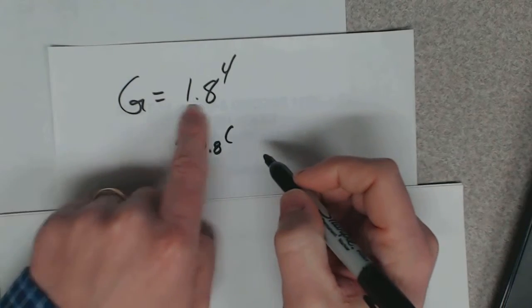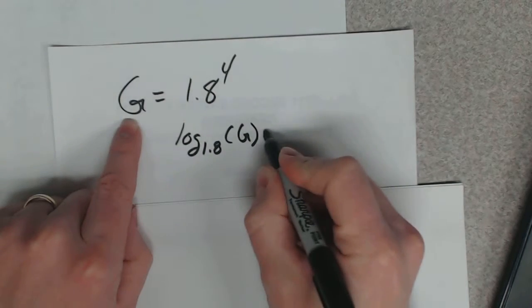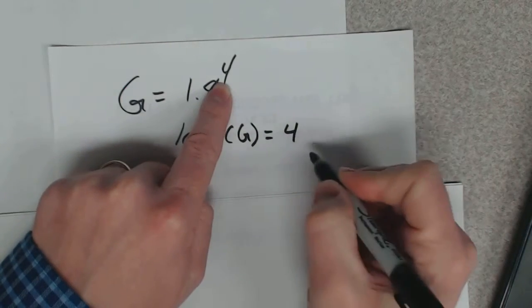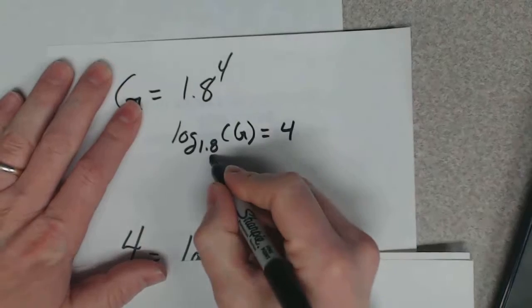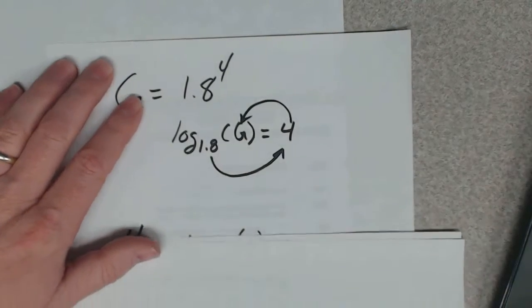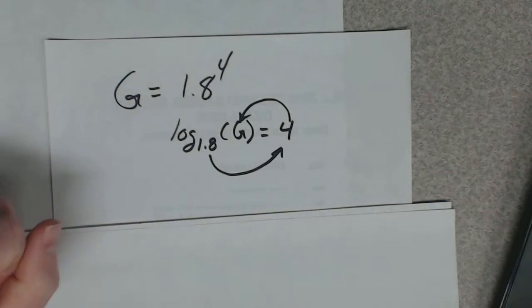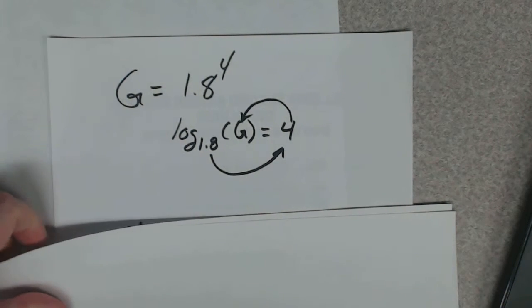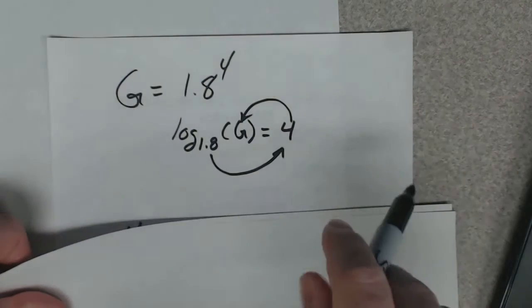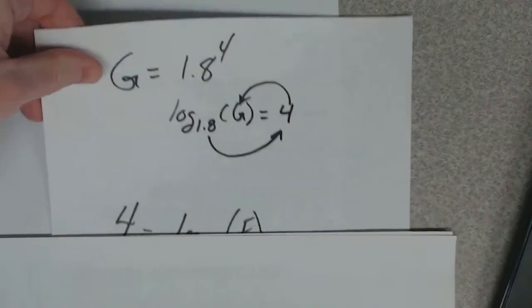So which one do you think this would be? This guy equals the power 4. Remember how that works? This guy to this power equals this. So that's what you're doing: log base 1.8 of g equals 4. That's all you do. You don't do any other simplifying. You just put it in the computer, and you'll be done with that question.